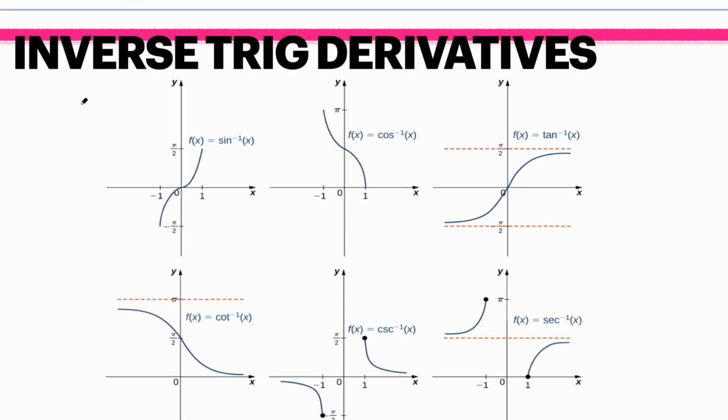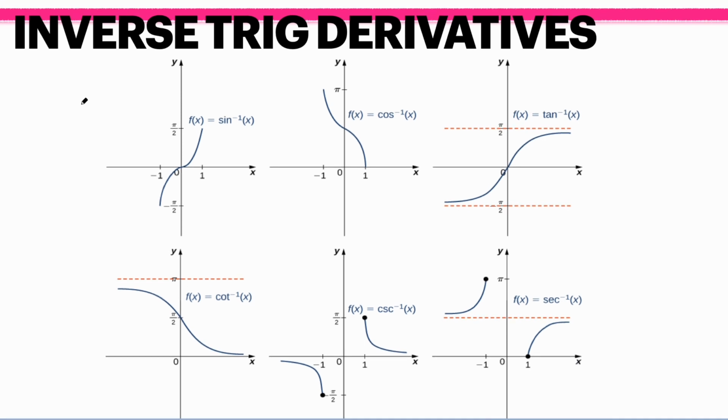Also, when you do an inverse of a trig, remember how we discussed at the very beginning of this video, which feels like forever ago, that you have to use implicit differentiation to take the derivative of things that are not functions.